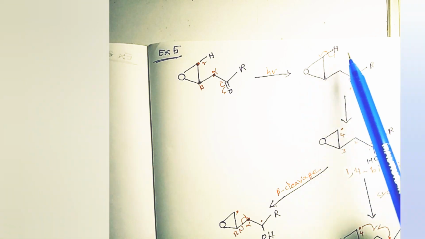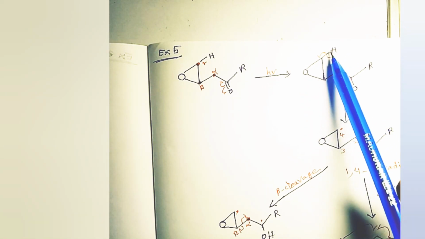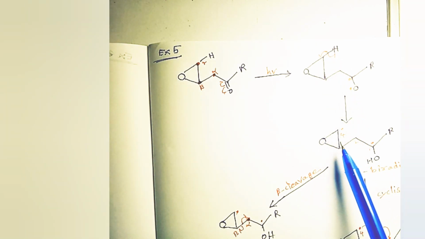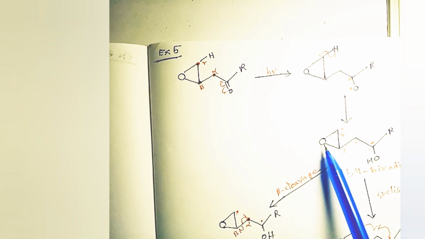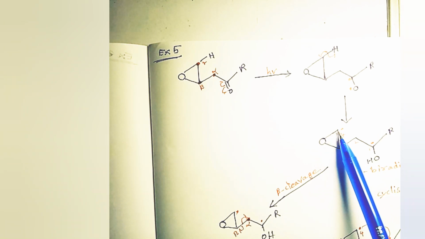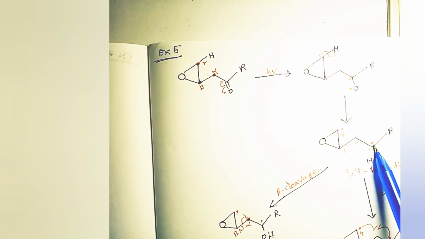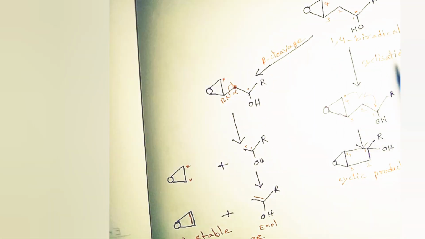This is followed by abstraction of the gamma hydrogen atom from the gamma carbon atom, as a result of which we get a biradical like this: oxygen, CH, CH2, CH2, C radical and R. Now this biradical can undergo cyclization.